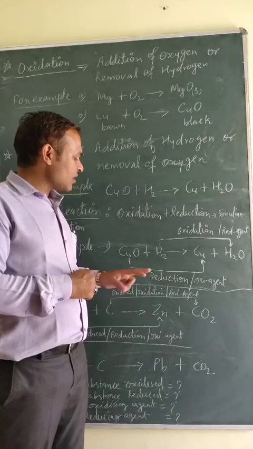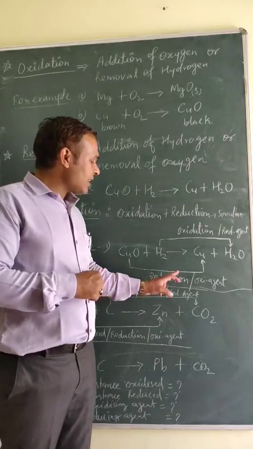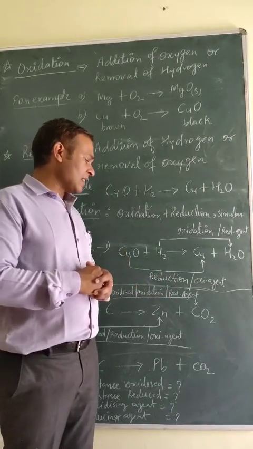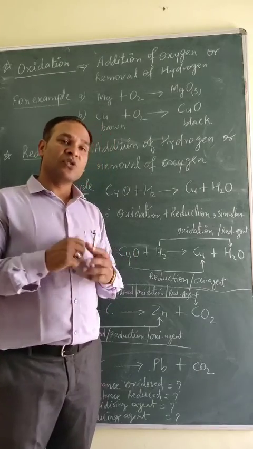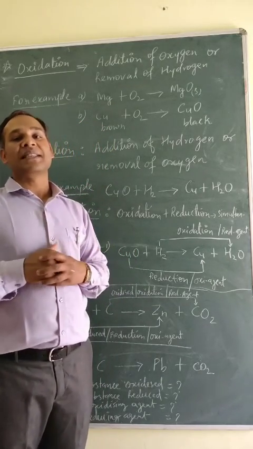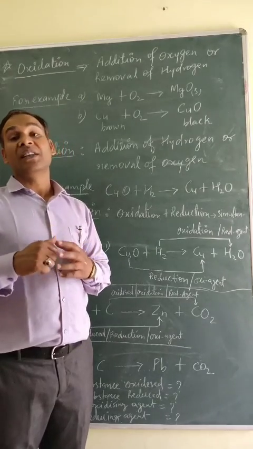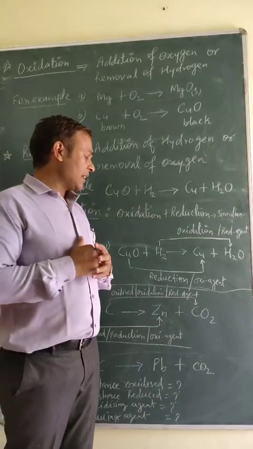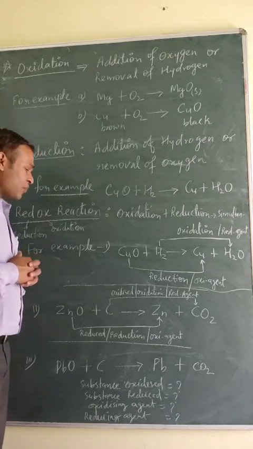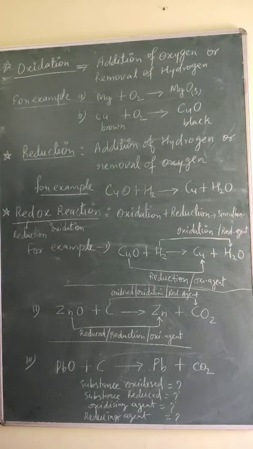And the substance which is reduced is also referred to as the oxidizing agent. जो substance reduce होगा वही oxidizing agent होगा, जो substance oxidized होगा वही reducing agent होगा. Don't get confused. With another example we can clarify all the doubts.